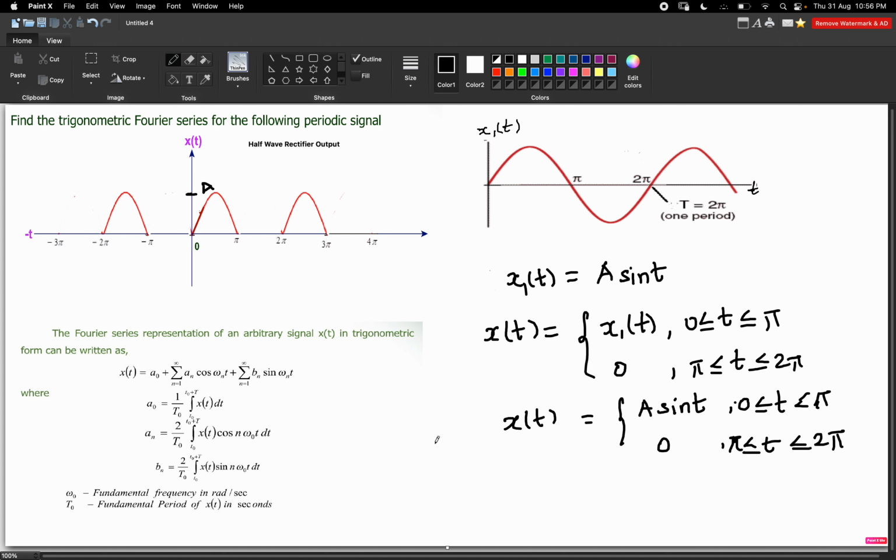So in the process of calculation of Fourier series representation, we found the x of t value. The remaining things are omega naught and t naught.